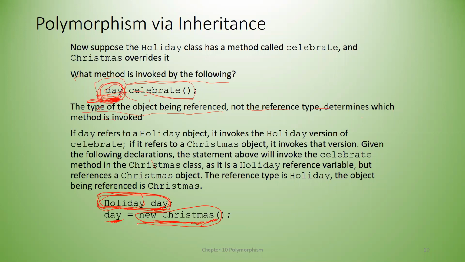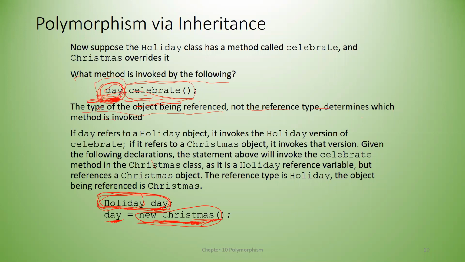In this case, the object is a Christmas object, so it will call the method in the Christmas class. Does that make sense, everybody? Yes. It takes a while to let it sink in. It takes some time to register, not immediately.